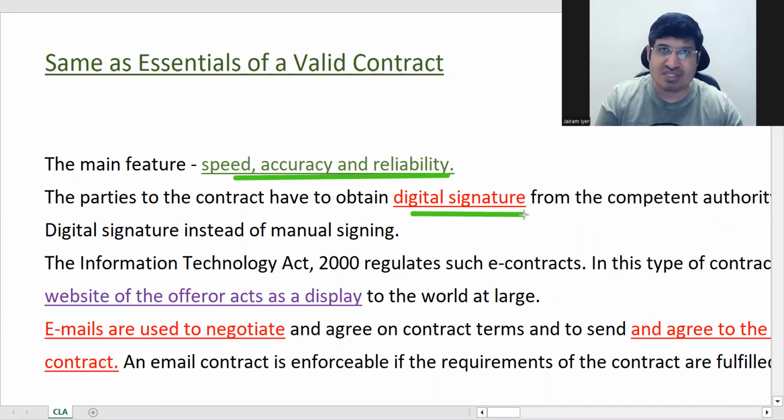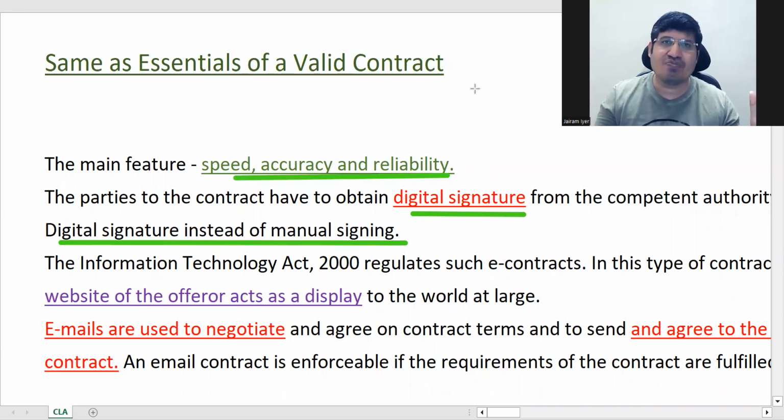Both parties must have a digital signature, and the digital signature is used instead of manual signing. Whenever you buy certain things from Amazon and all that, the Amazon website itself is the offer for you. When you go inside, you click and you pay through an electronic system only.